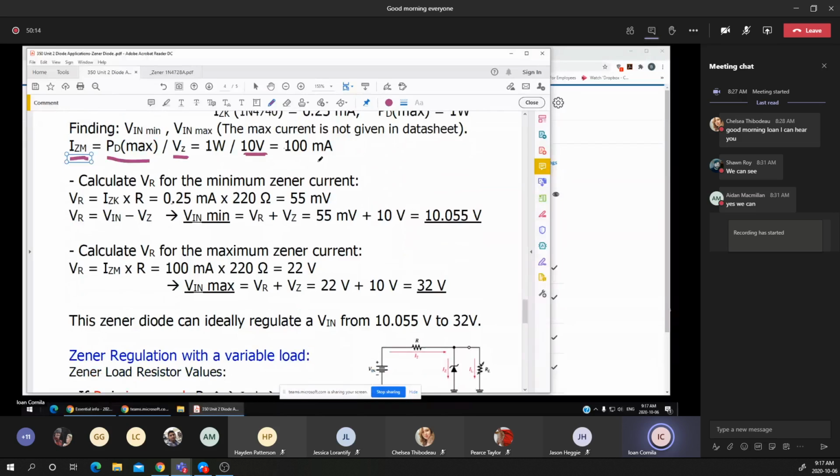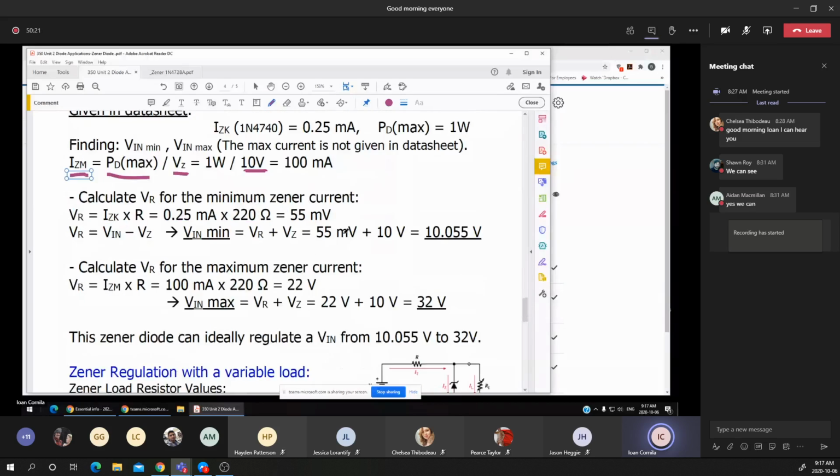Once we know the maximum current, we multiply the current by the value of the resistance, so we can determine the maximum voltage and the minimum voltage.